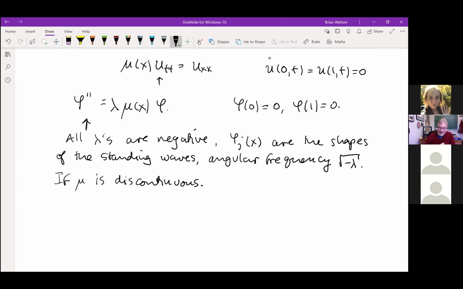So you have to go back to the derivation of the equation to work out what happens here. Then phi and phi prime are continuous at the discontinuity.